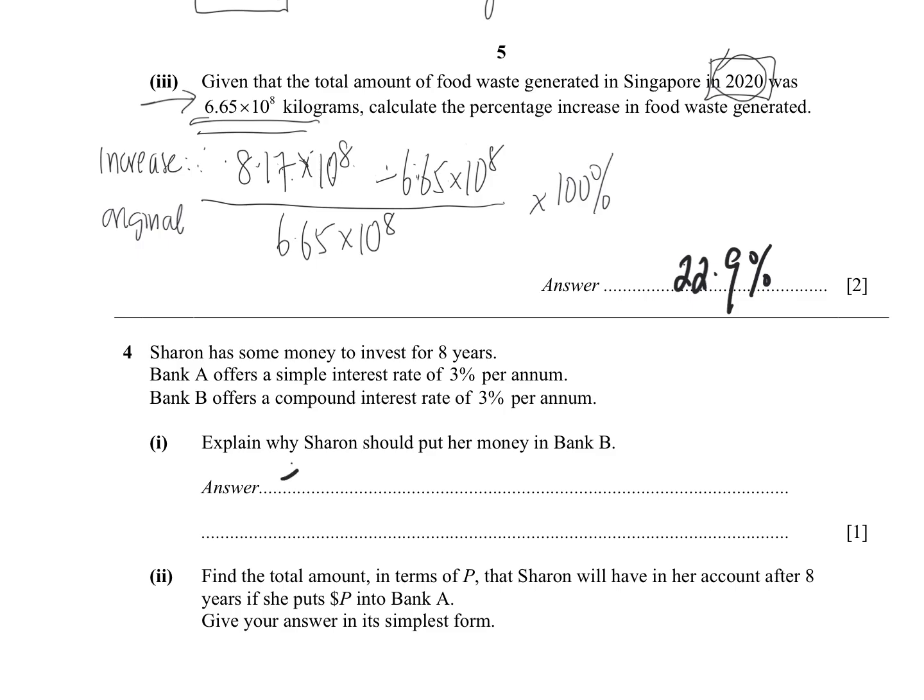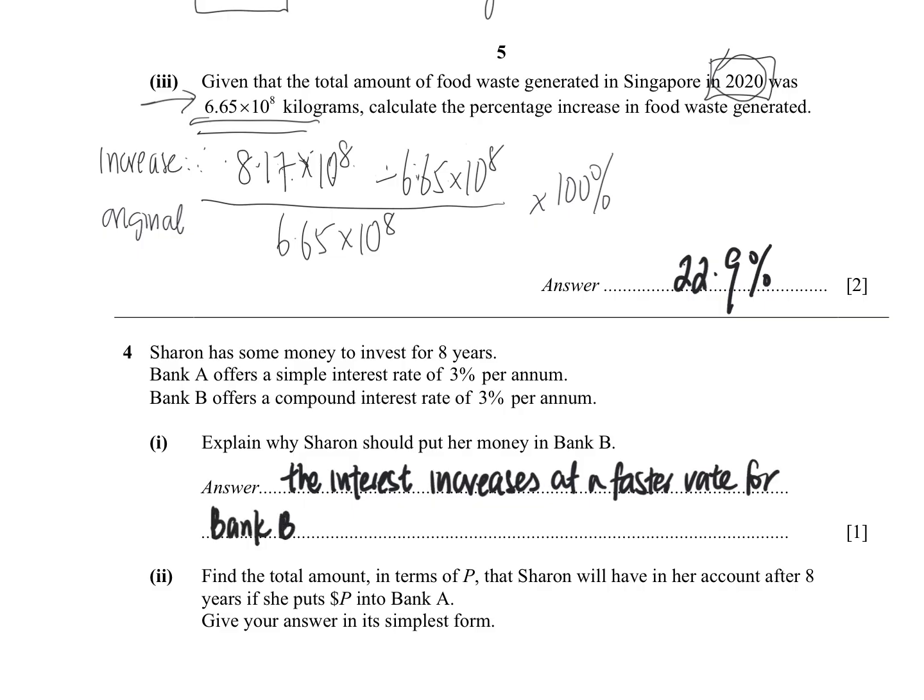So you can say that the interest increases at a faster rate for bank B. Okay, if you want, you can also say it compounded at a faster rate for bank B than bank A. So the amount of interest you get, as long as it's more than 1 year onwards, is always more for the one that offers compound interest as compared to simple interest. So the interest increases at a faster rate is what I want to see.